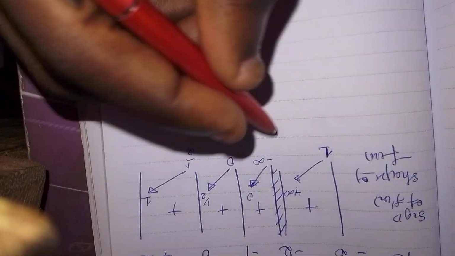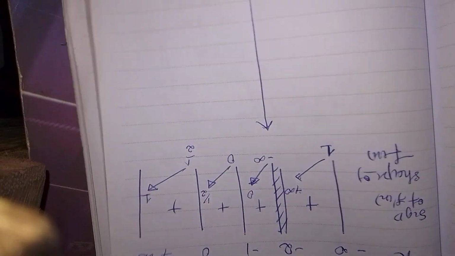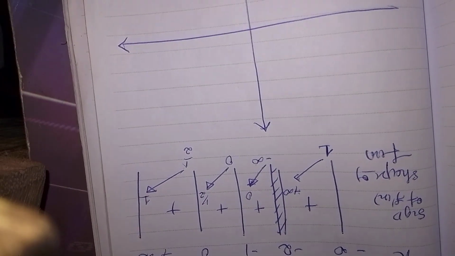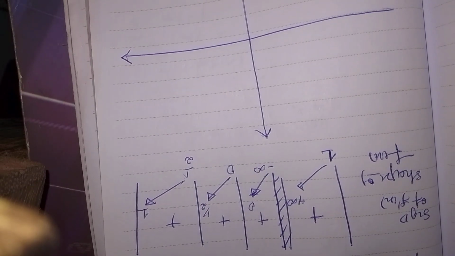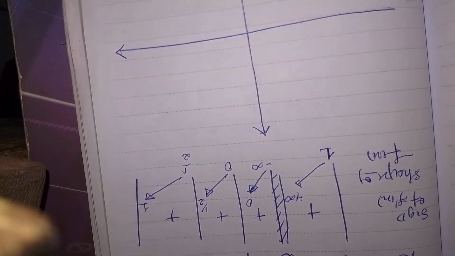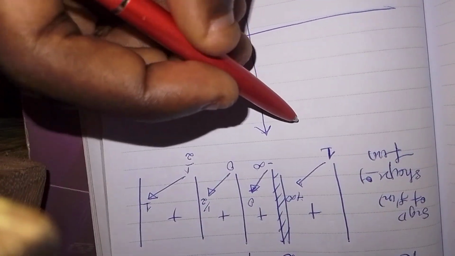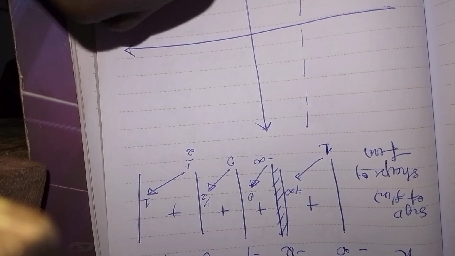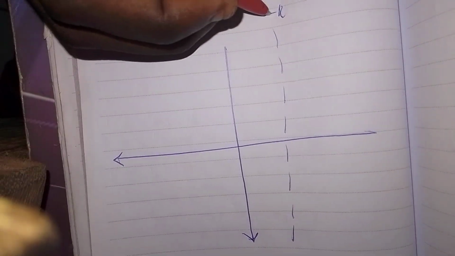Now let us sketch. Sketching is very easy. We first of all start by indicating the vertical and the horizontal asymptote. Vertical asymptote x equal to -2, so I have something like here.